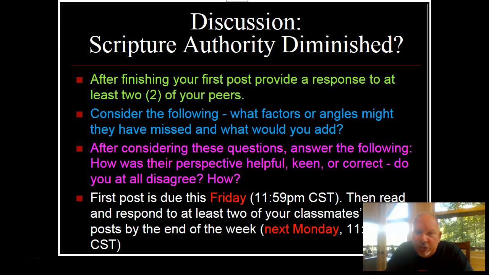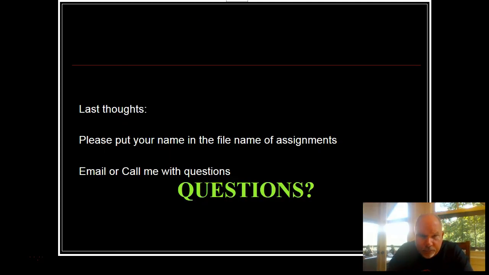Or, after considering these questions, answer the following: How was their perspective helpful, keen, or correct? And do you agree or disagree with some of their points? Initial posts are due on Friday, discussions over the weekend, ending Monday at midnight.